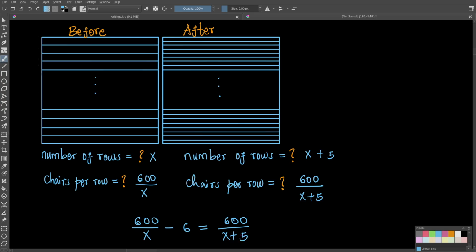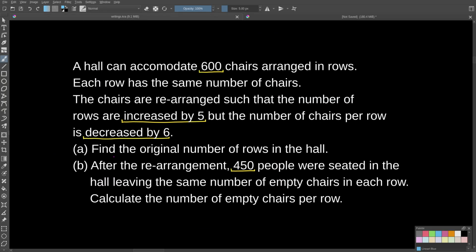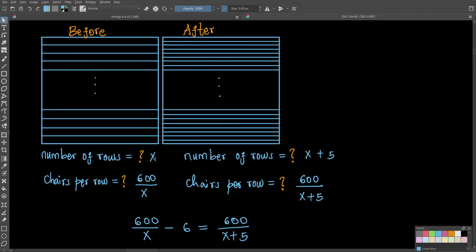So we have this equation, and remember part A was asking to find the original number of rows in the hall. In our case, that is just finding the value of x.